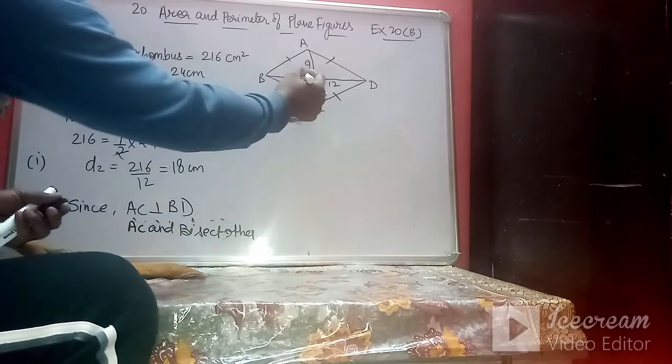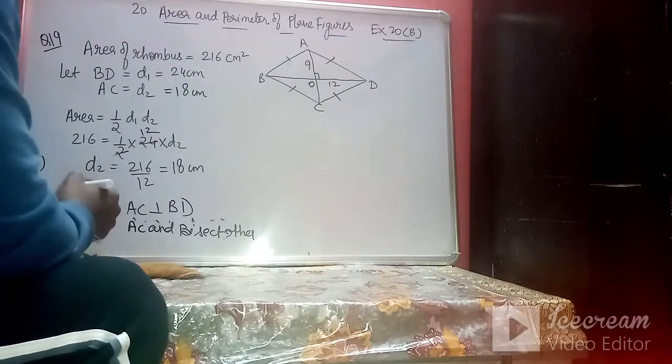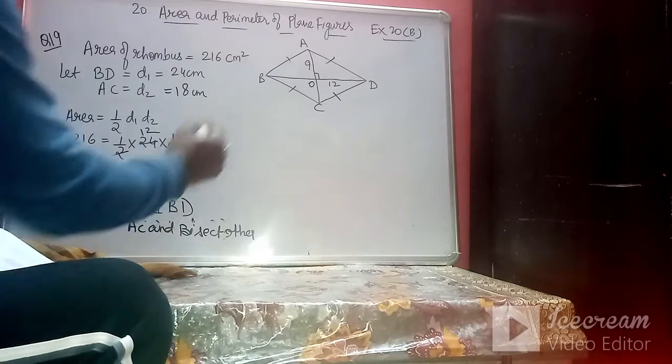So let this point be O. So we can say that angle AOB is equal to 90 degree.